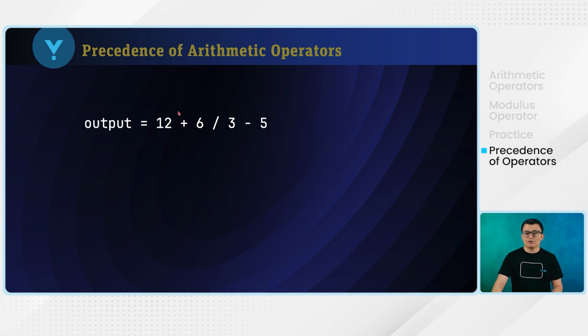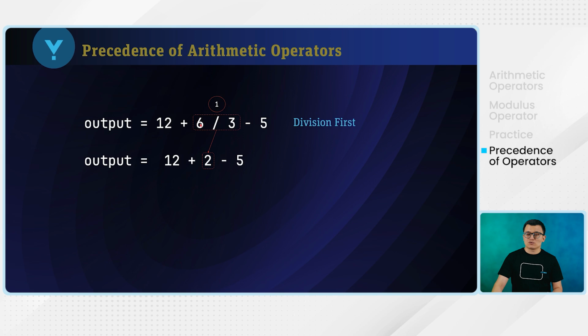And what about here? Here I have addition, division, and subtraction. Even though the addition is the first one from left to right, it has a lower precedence than the division. Since division has higher precedence than addition and subtraction, it will be calculated first.